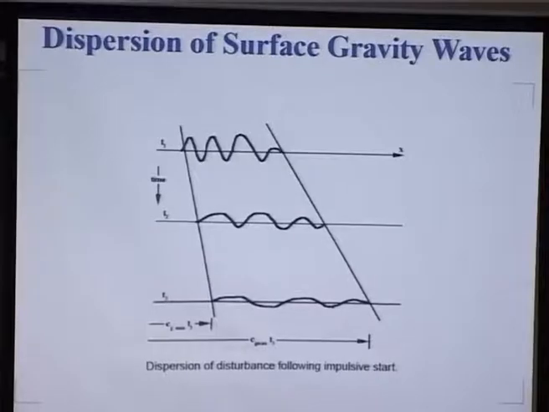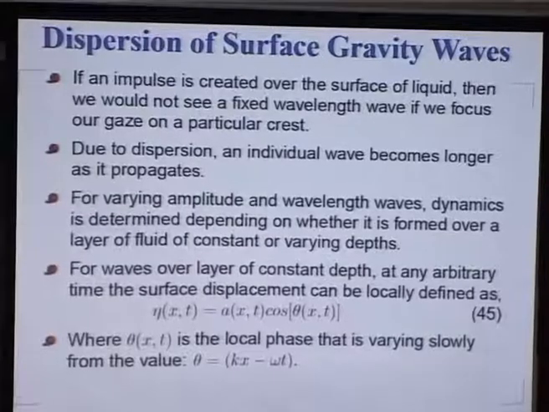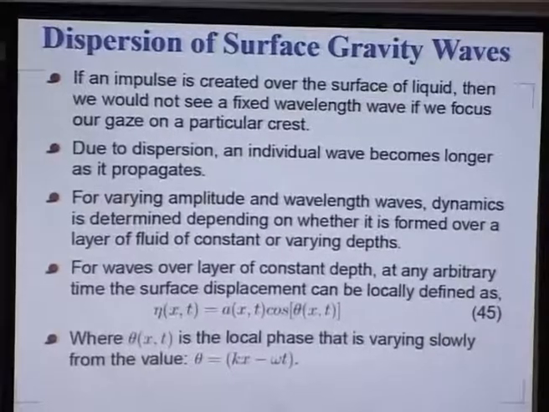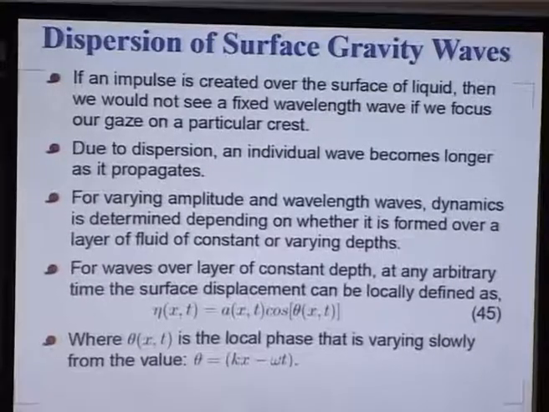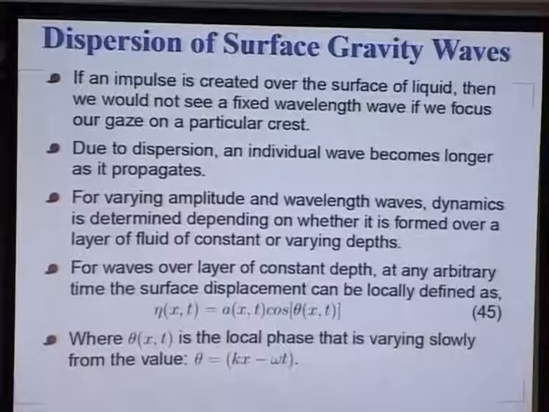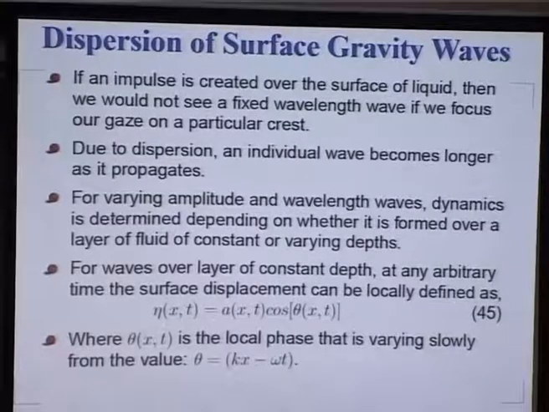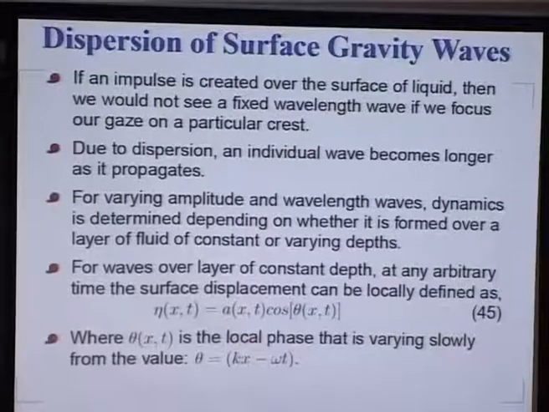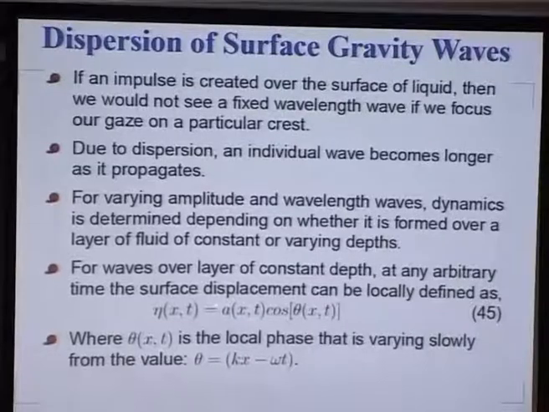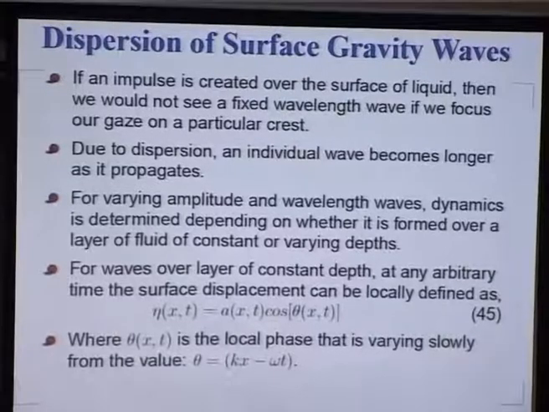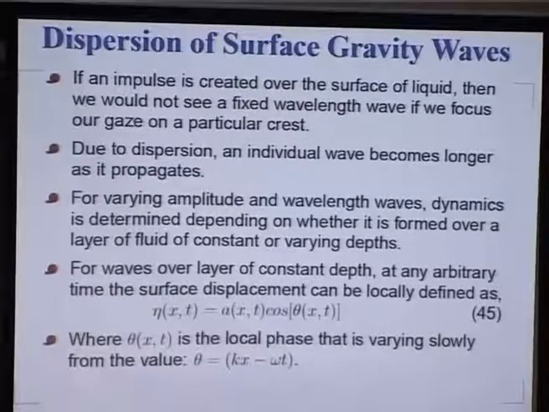Okay. And now, what happens is, as we have seen, that it is no more a monochromatic wave. So, what is happening is you are going to see some kind of a displacement, which you would like to say is a slowly varying function of x and t. Slowly it is changing, and the same way the phase would be written in terms of theta, which is also a function of x and t.